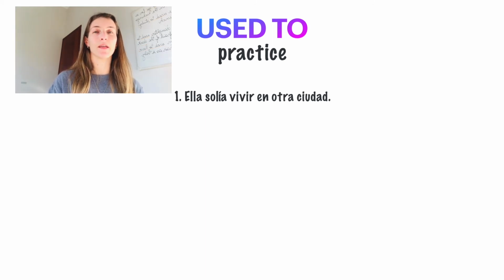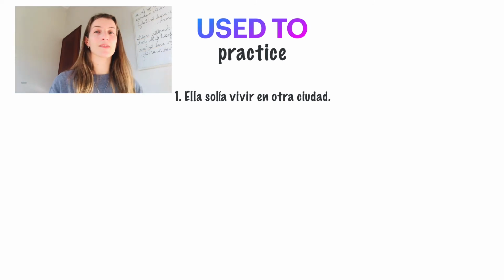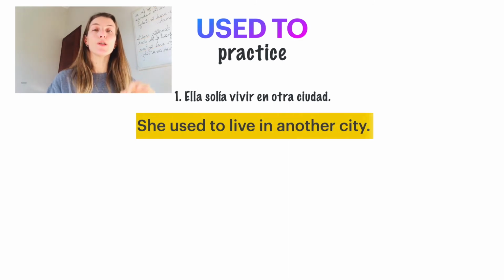We have to use used to. Acordémonos que después de used to usamos un verbo en infinitivo. So, yes, very good. You're going to say, she used to live in another city. Ella solía vivir en otra ciudad.